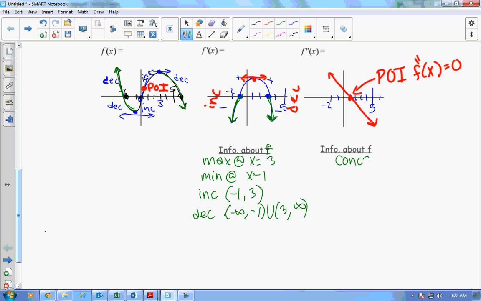It's concave up. You've already found your point of inflection. From negative infinity until we get to x equals 1. And then it changes concavity. It becomes concave down from 1 to positive infinity.